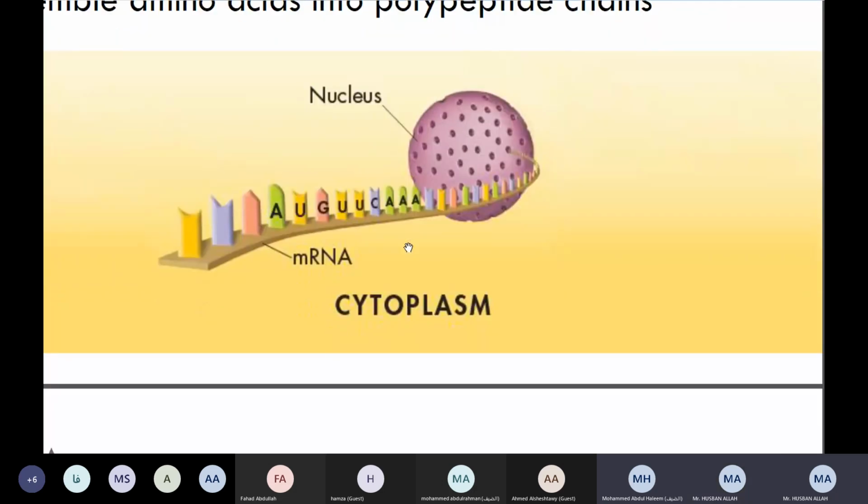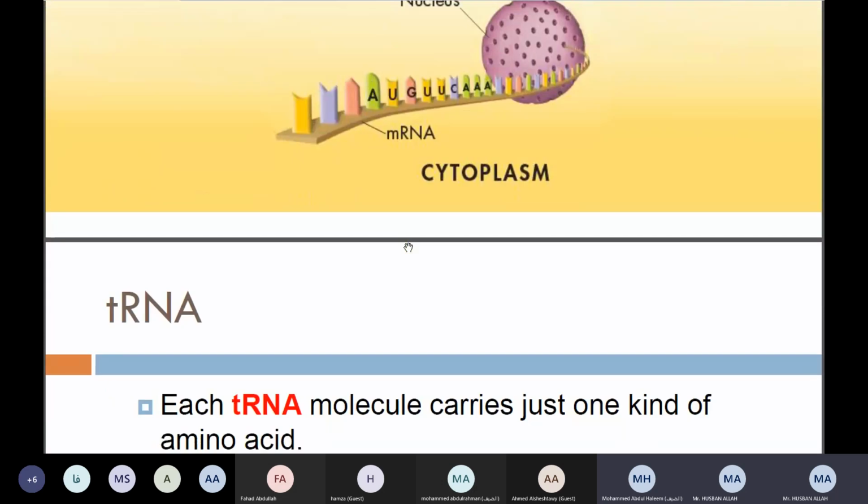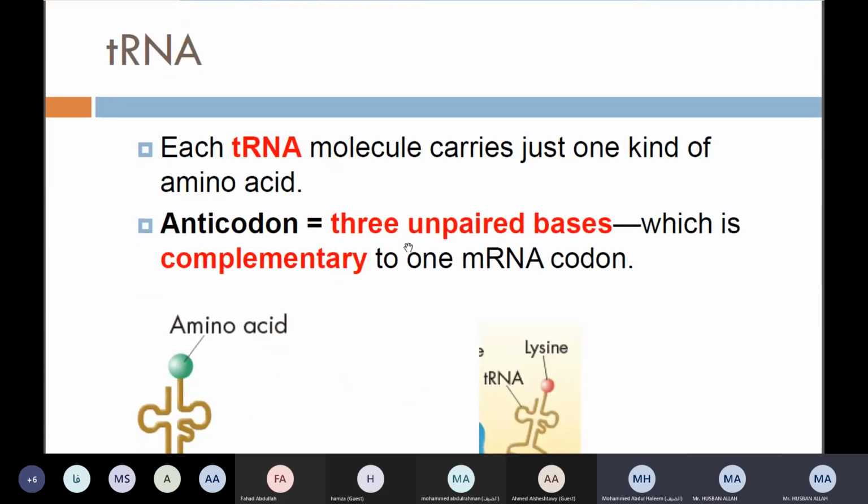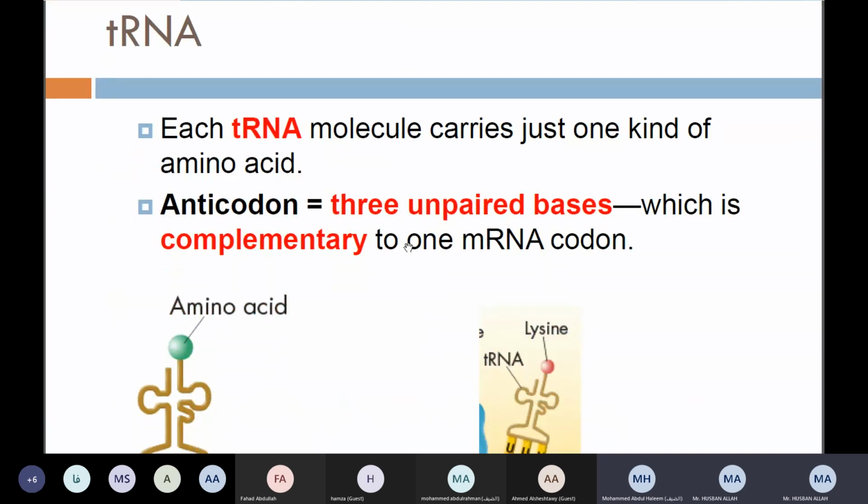Okay. So in this way they are going to form the chain. Now the next part that will play a role is the transfer RNA. Each transfer RNA molecule carries just one kind of amino acid.